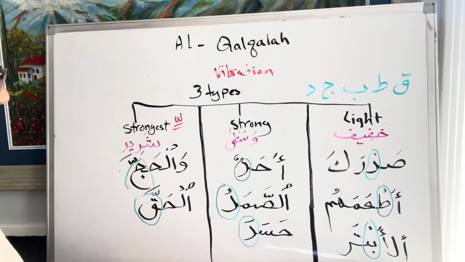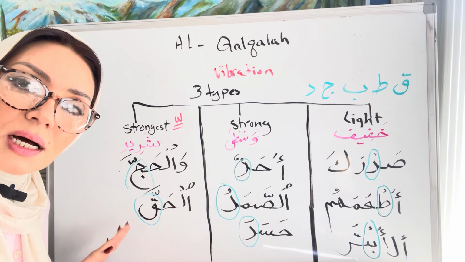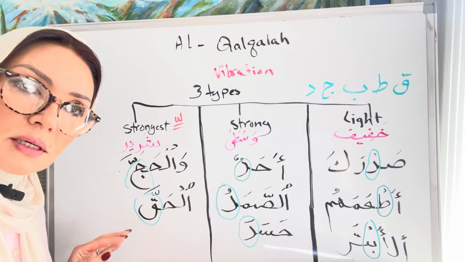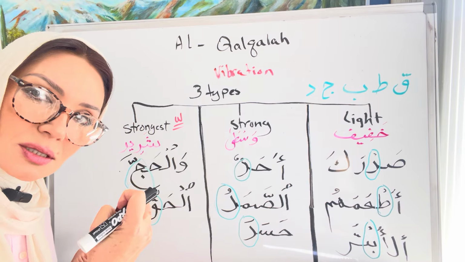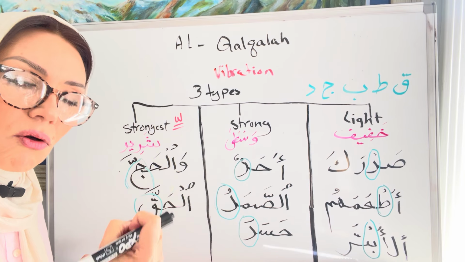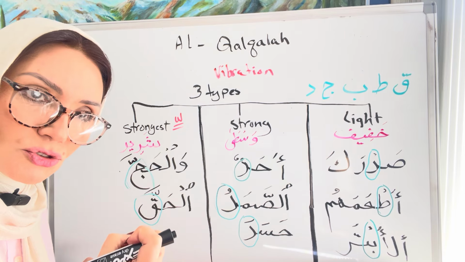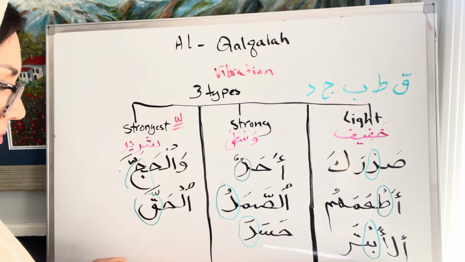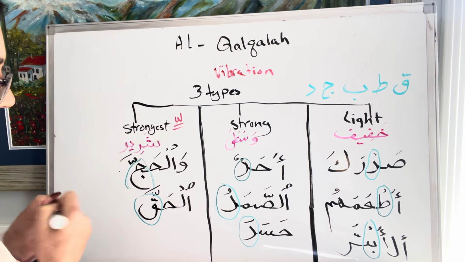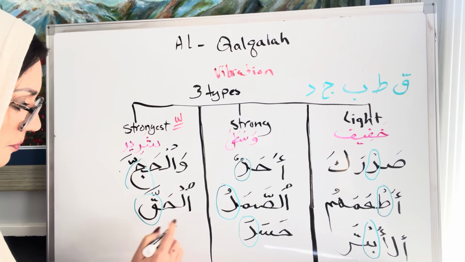And then we're going to recite it as al-haqqa, al-haqqa. So you're holding the qaf, but you're going to let it go. Al-haqqa, al-haqqa, al-hajja, al-hajja, right?